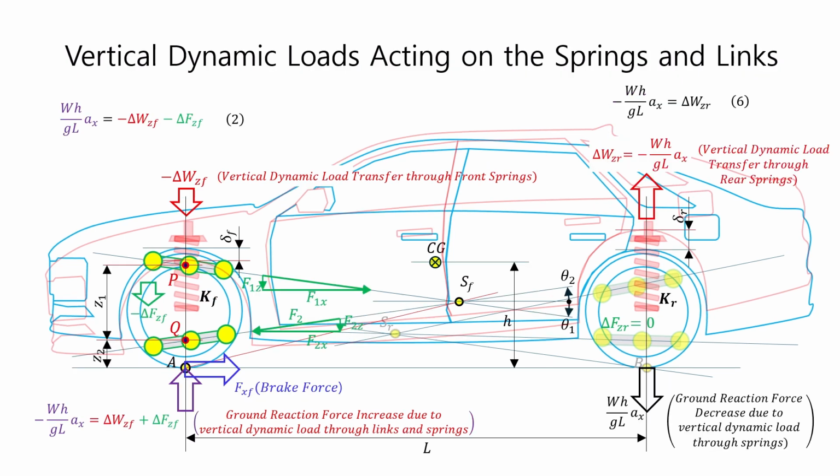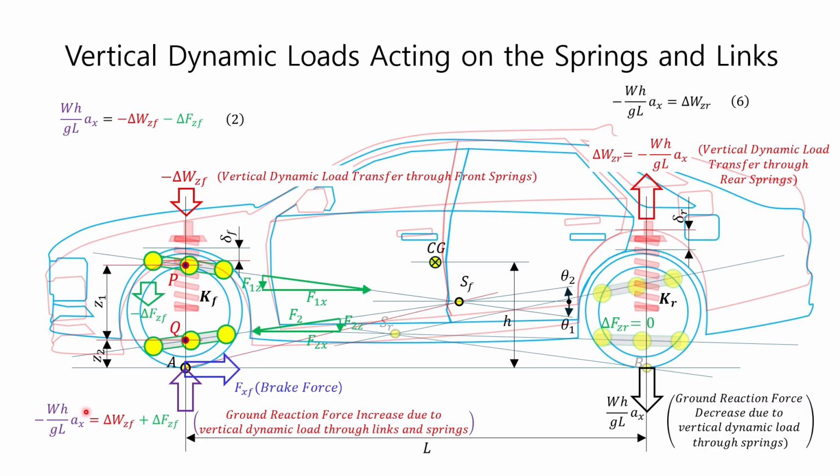Let us analyze the vertical components of the suspension links and the springs that we have analyzed so far. We will analyze the pitch motion of the vehicle when a braking force, FXF, is applied and acceleration, AX, occurs.